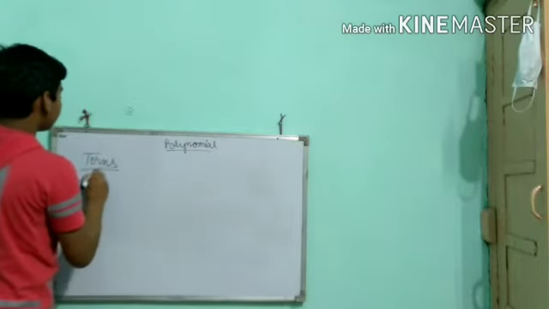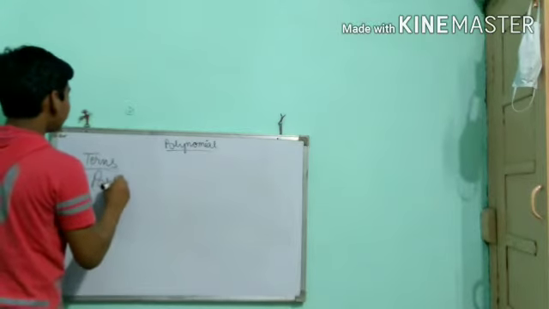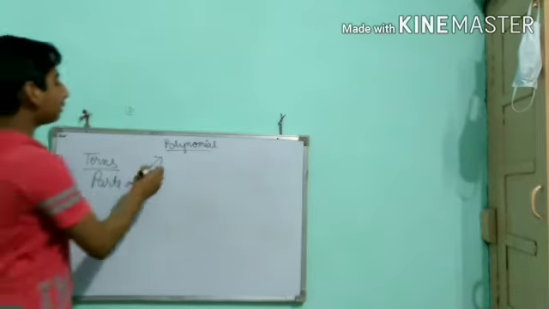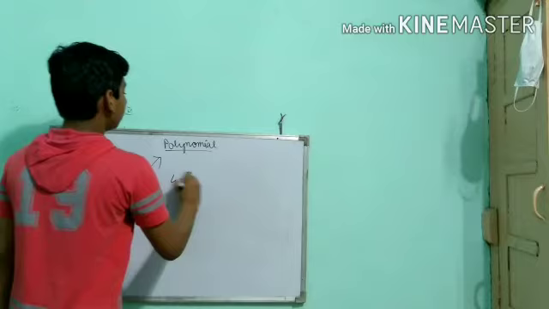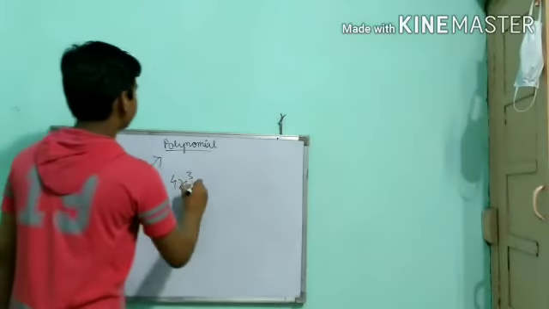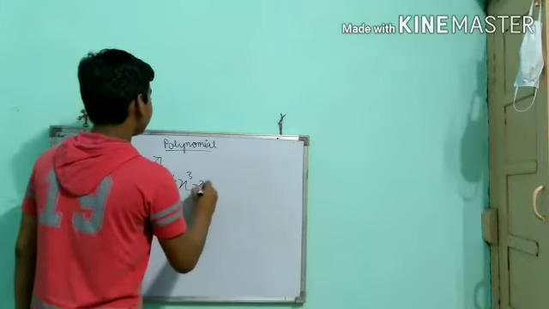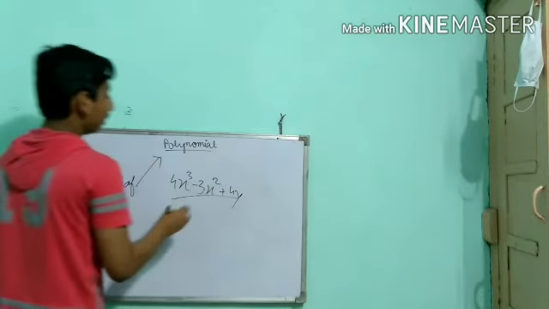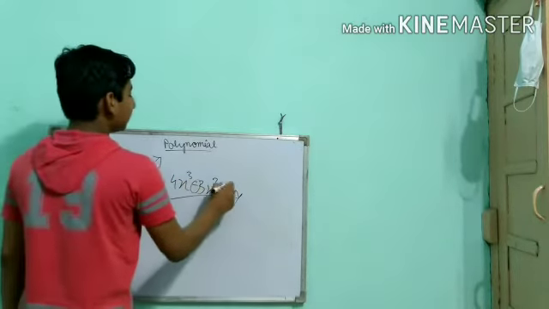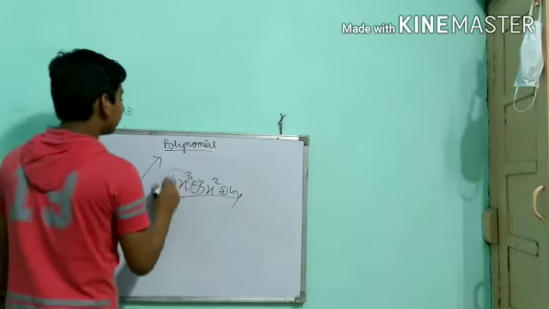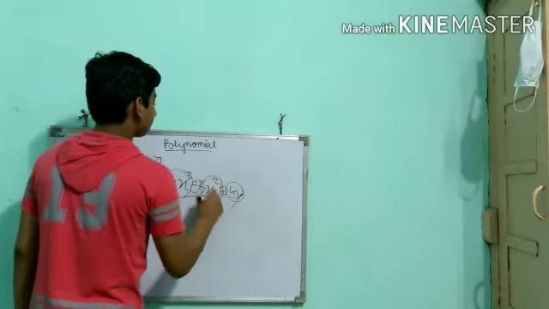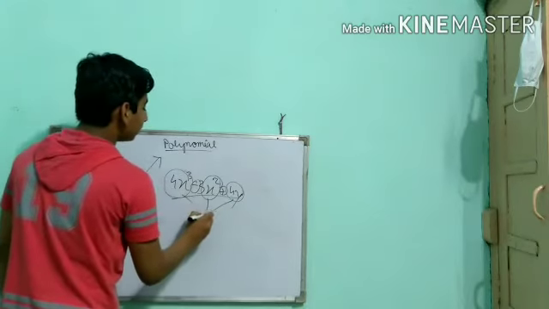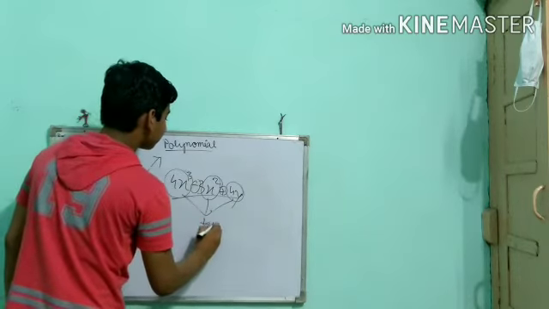Terms are the parts of these polynomials. For example, if we take 4x cube, the example that we took in the beginning, 3x square plus 4y, then these are spaces, these are words, and these words are terms. These three are terms.